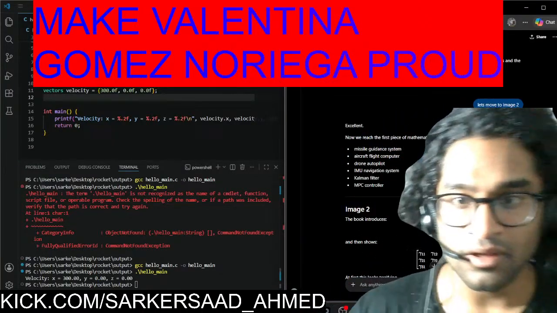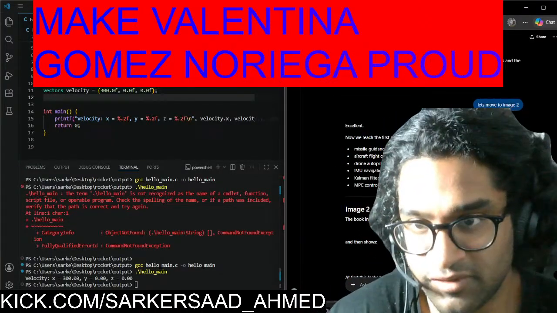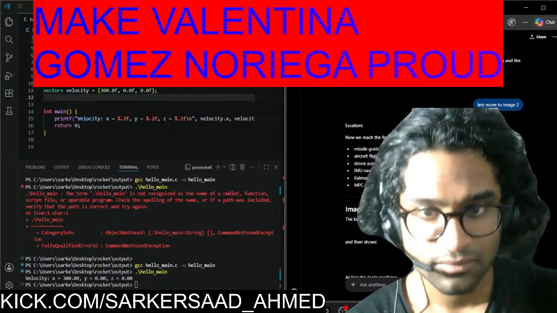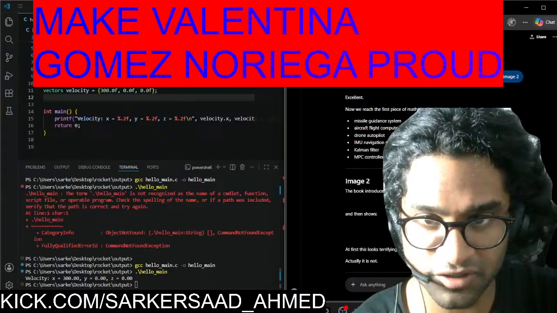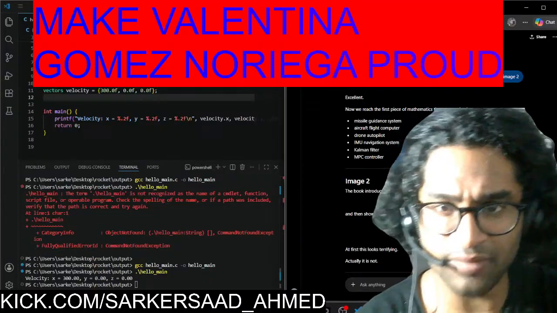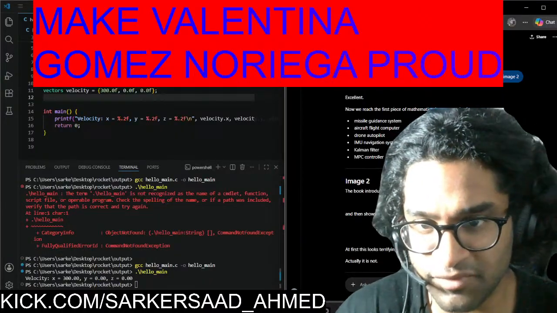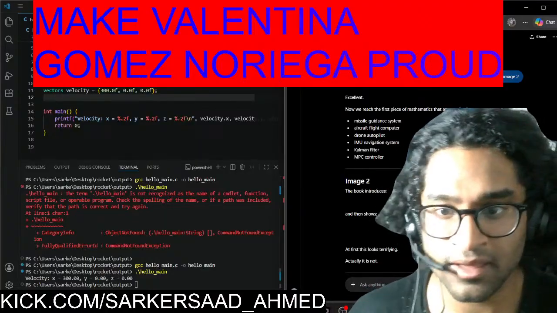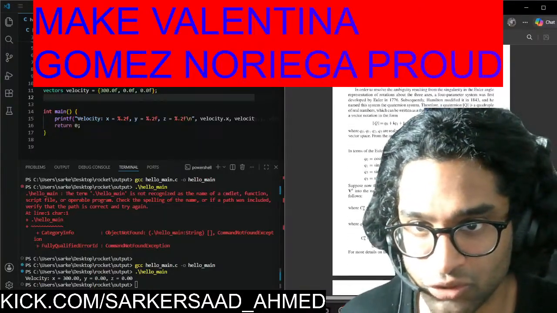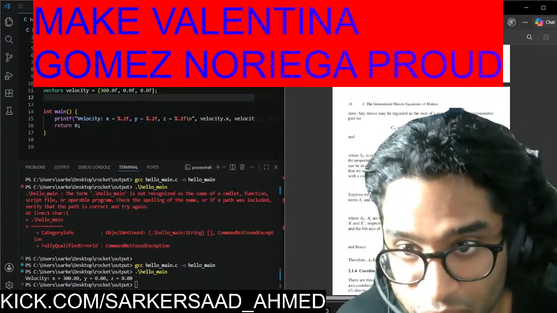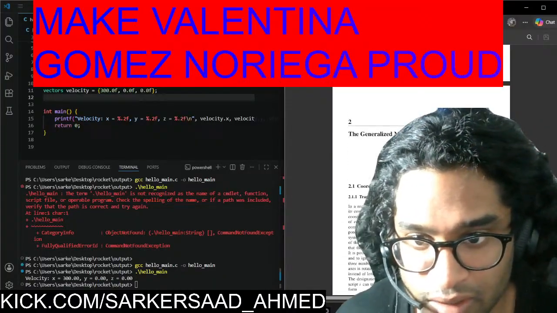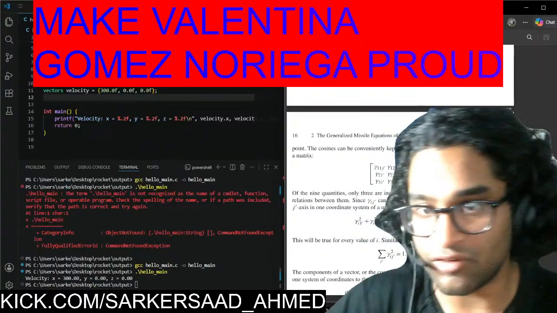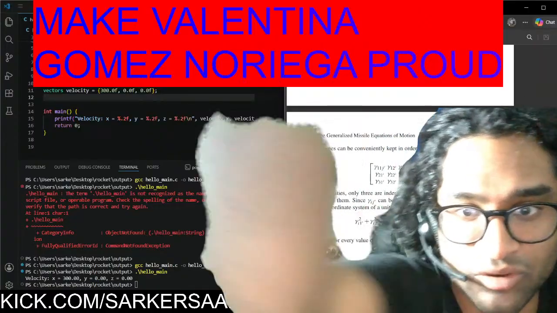All right. Now we reach the first piece of math that appears in almost every missile guidance system, aircraft flight computer, drone autopilot, IMU navigation system, Kalman filter, and MPC control. So the book introduces gamma of i and j. It shows gamma of 1,1, gamma of 1,2, gamma of 1,3, and so on.